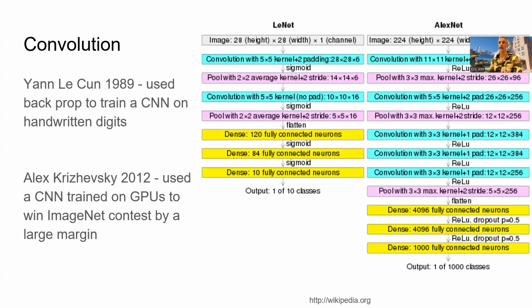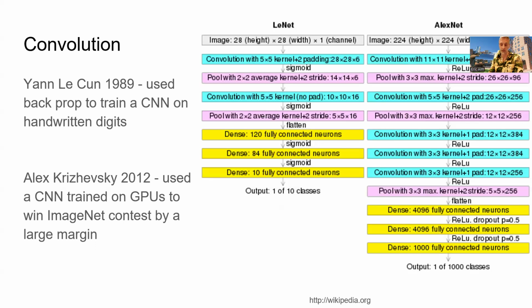After that, the field of image recognition really moved to using CNNs. It was also one of the first times training a big model was done on GPUs, and that's also something that's pretty much ubiquitous now in deep learning.